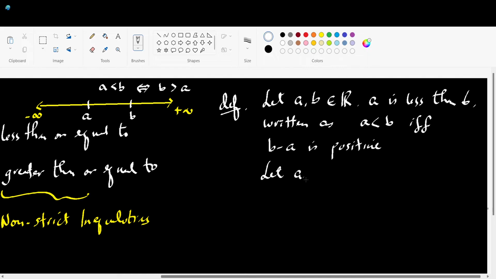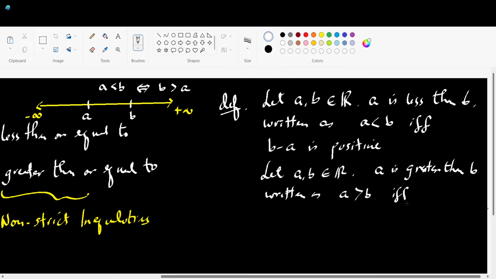Let A and B be real numbers. We say that A is greater than B, written as A > B, if and only if A minus B is positive. Alright.